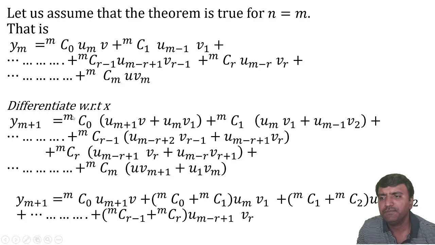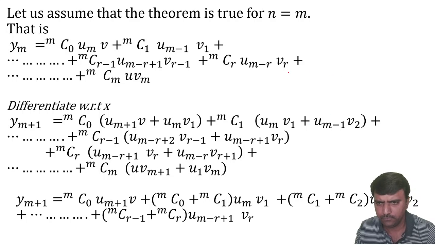Okay, before that you take mC0 into u_(m+1) v plus, here this is u_m v1, isn't it? This term consists of u_m v1. Yes, this is u_m v1 and this is also u_m v1.